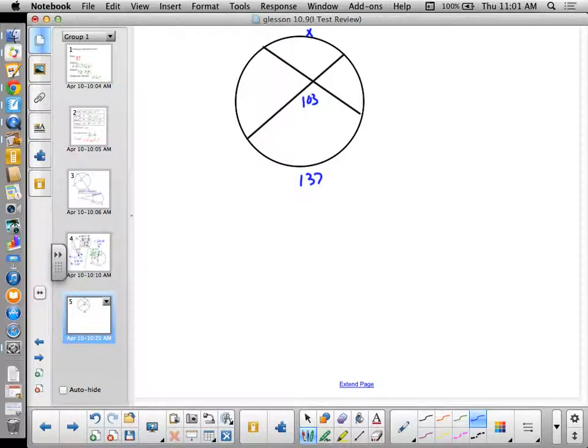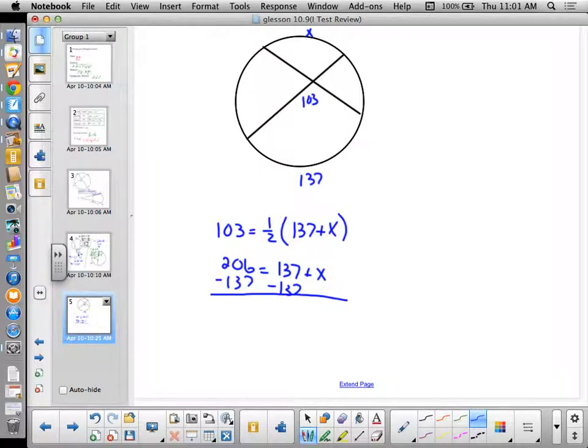But the easiest is it's an interior angle, so the measure of the angle is 1/2 the sum of the arcs. Multiplying both sides by 2, that gives me 206. Plus x, subtract the 137. 69 equals x.